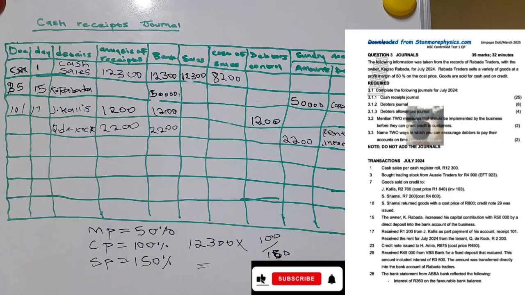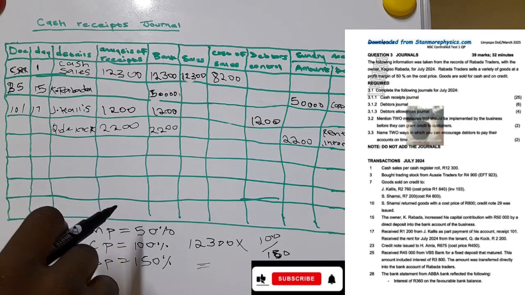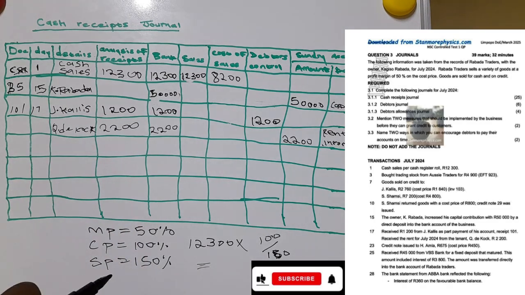Then we can go to the one for day 25, since we're fixing the one for day 17. Then it says received 45,000 from VBS Bank for a fixed deposit that matured. This amount included interest of 3,800.